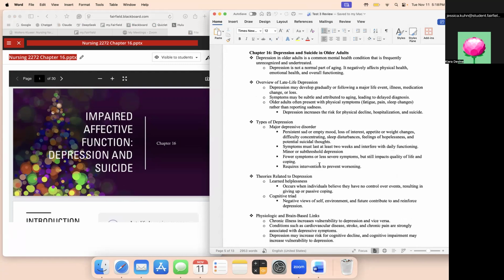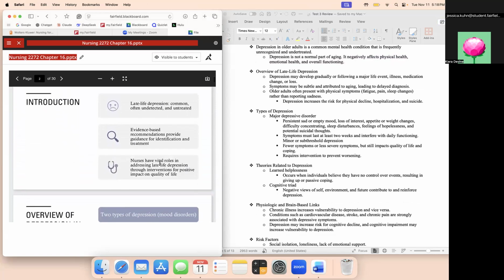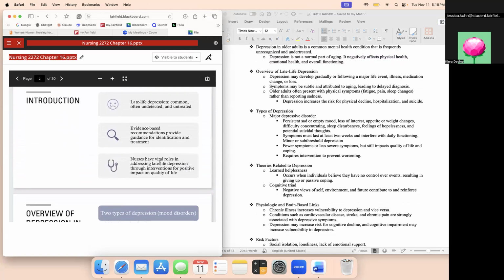Okay. Depression and suicide in older adults. Depression is a common mental health condition that is frequently unrecognized and undertreated. Depression is not a normal sign of aging, and it can negatively affect all parts of life. An overview of late life depression is that it is common, but like I said, often undetected and undertreated.